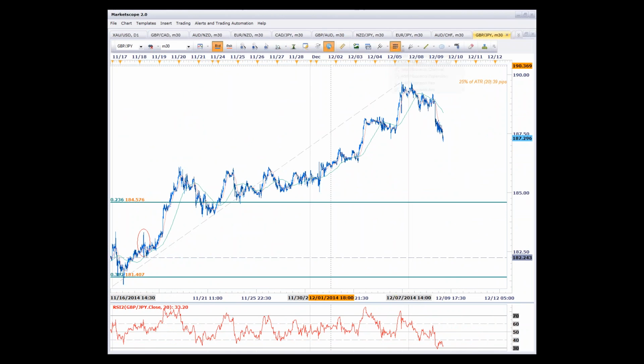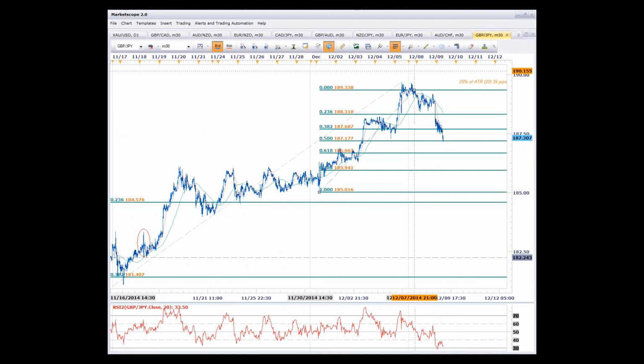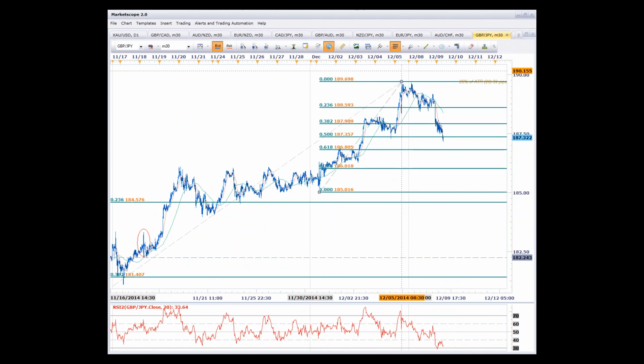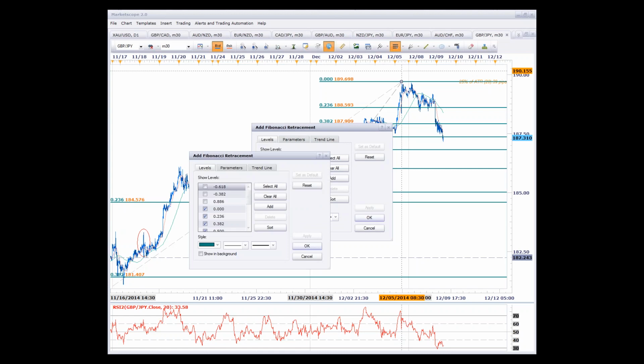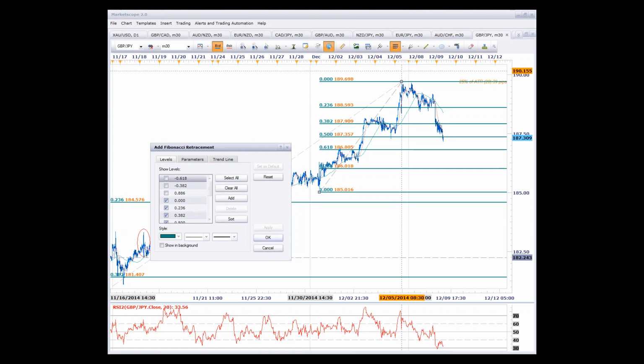If we take a retracement just off the December range, and I don't really like doing these mid-level retracements, but I just want to see. Here's what I would say. I would say right ahead of the target you're looking at, Gert, watch 186.80.